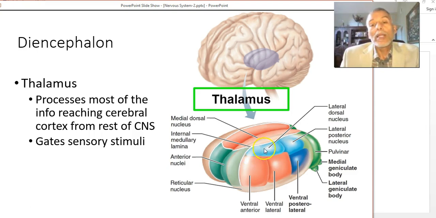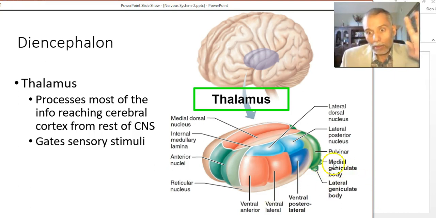Also, the thalamus serves as a gating mechanism for sensory input, sensory stimuli. So you have, for example, information coming in from your hands or your legs or the rest of your body, and then it reaches the thalamus. Let's say hearing, for example. And let's say that the signal is not really good. It is distorted, or you are in noise.